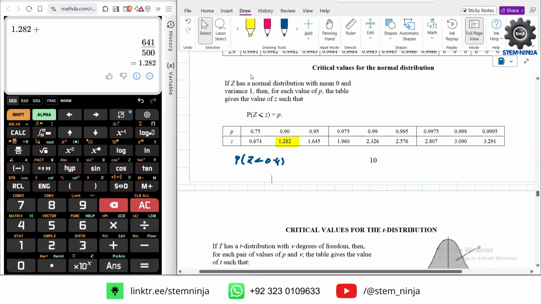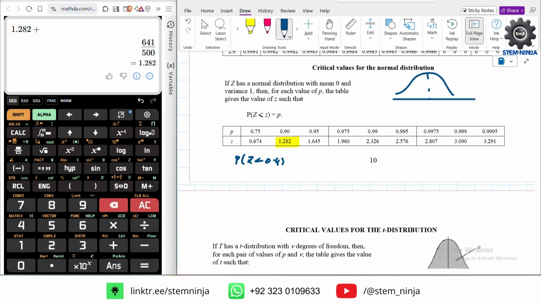So what we can do over here, we use the symmetry property. If we're looking for the area less than 0.4, let's say some z2 value that satisfies that, the same z2 value would satisfy this area also. This means that this would be the positive z2.